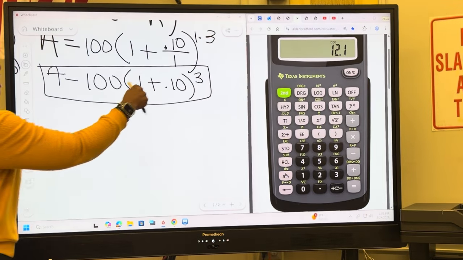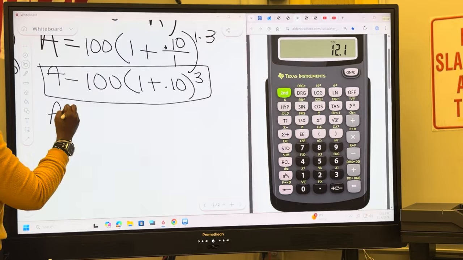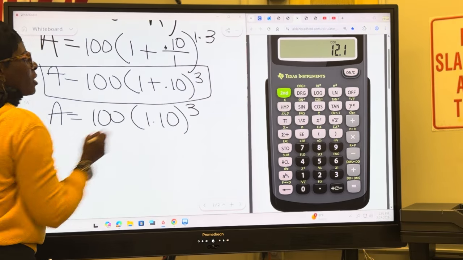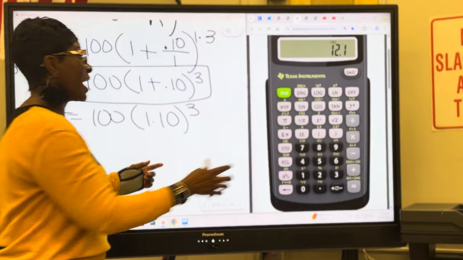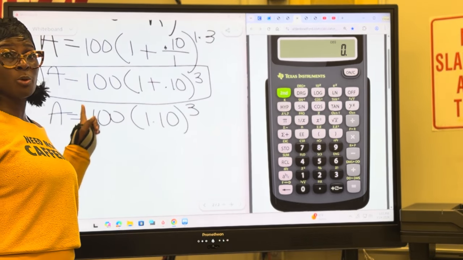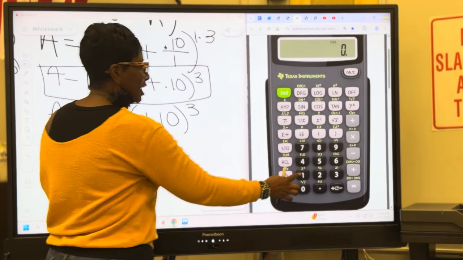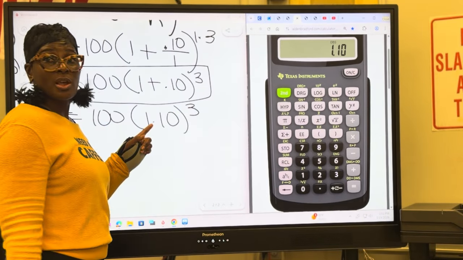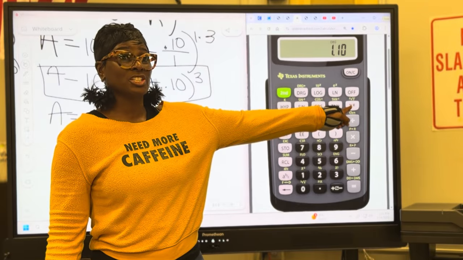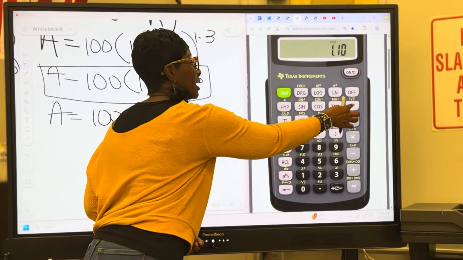Let's finish this out. If we put this in our calculator, we'll have 100 times 1.10 to the third power. Y'all with me? Yes? And then we're going to do what? In the calculator, you're always supposed to do exponents before you do multiplication, right? Yes. So in our calculator, we're doing 1.10. Watch this button I press right here. Look at this under the off. Y to the X. Y'all see that? Yeah. That's the exponent key. Any exponent.